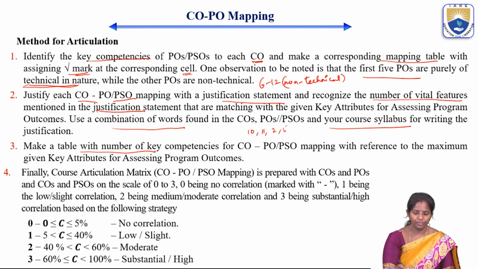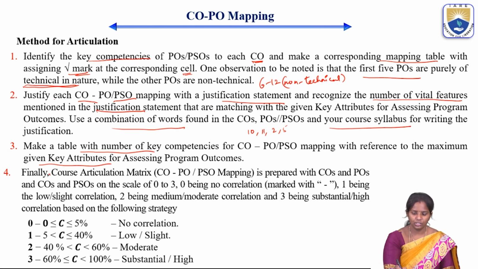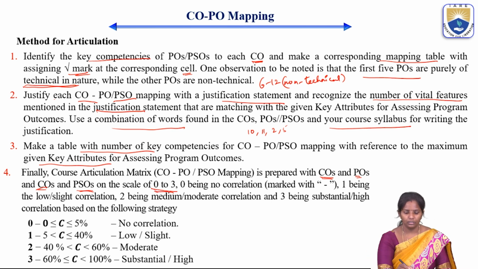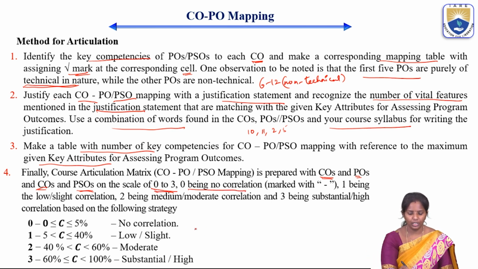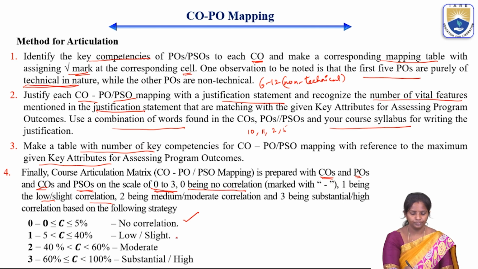Make a table with the number of key competences mapping with reference to the maximum given key attributes. Then finally, course articulation is prepared by course outcome and program outcome, course outcome and program specific outcomes, on a scale of 1 to 3 or 0 to 3, 0 being no correlation, 1 being low to slight correlation, 2 being medium or moderate correlation, and 3 being substantially high.